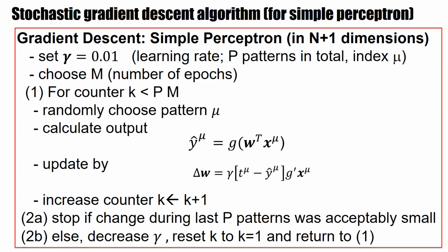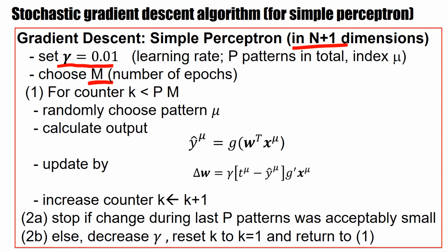So here's the algorithm written now down as stochastic gradient descent for the simple perceptron. And I remind you that we are working always in n+1 dimensions, so the threshold is integrated as an extra input. You can start with a relatively small learning rate. You have p patterns in total. Then you fix a number of epochs.